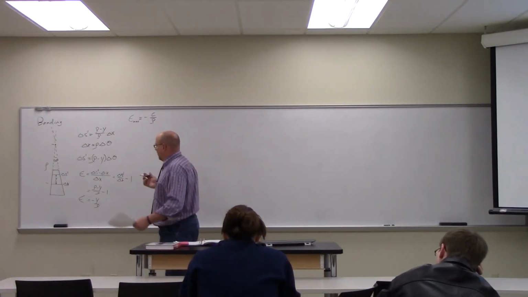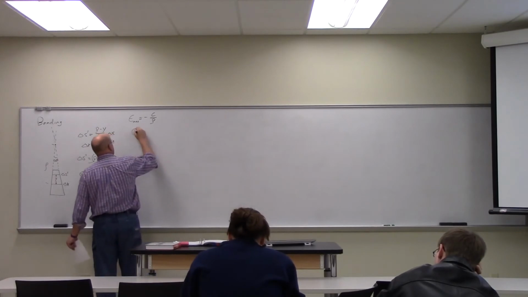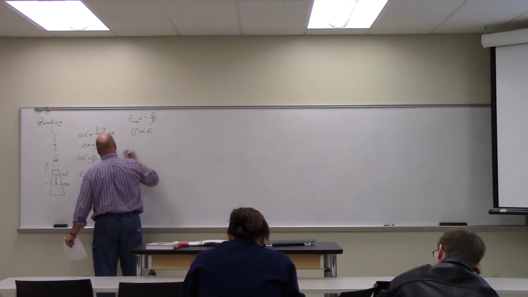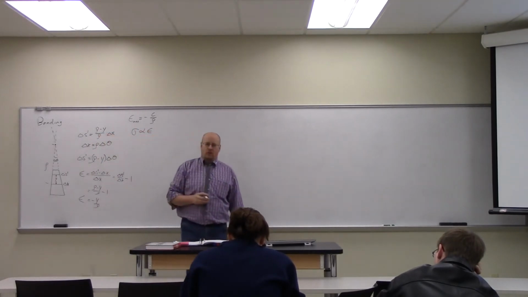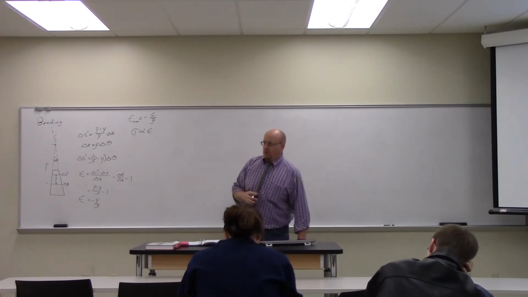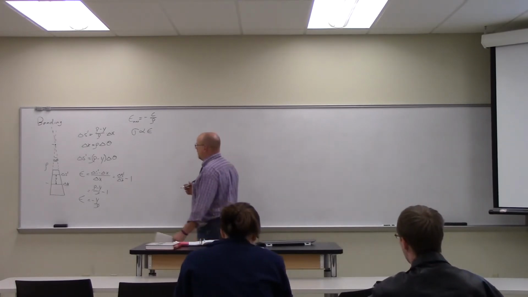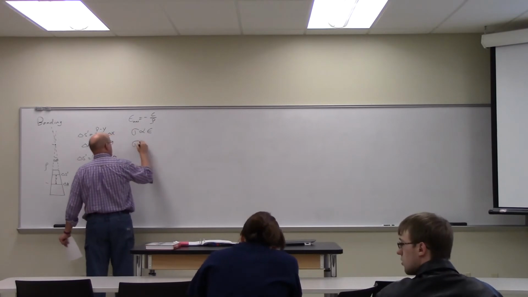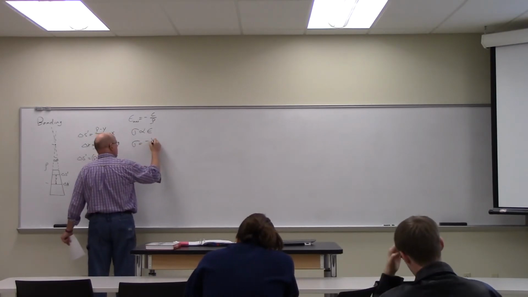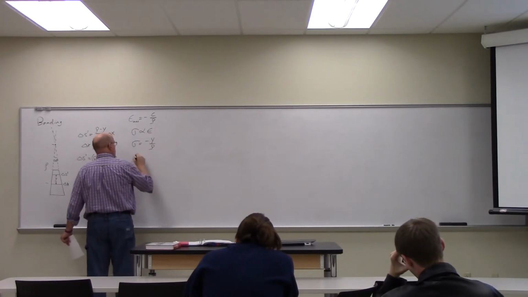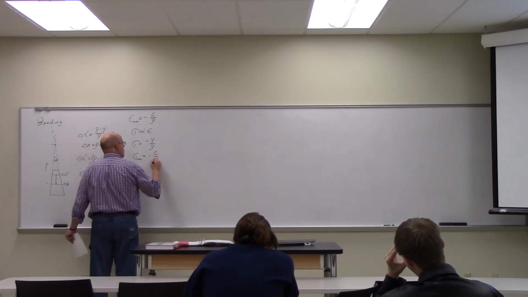As long as it's elastic, then sigma is proportional to epsilon. The stress is proportional to the strain in an elastic regime. So sigma must also be proportional to minus y over rho, and sigma max must be proportional to negative c over rho.